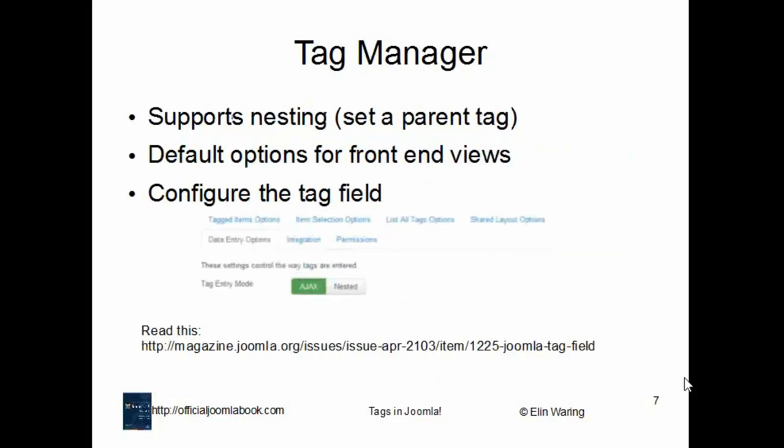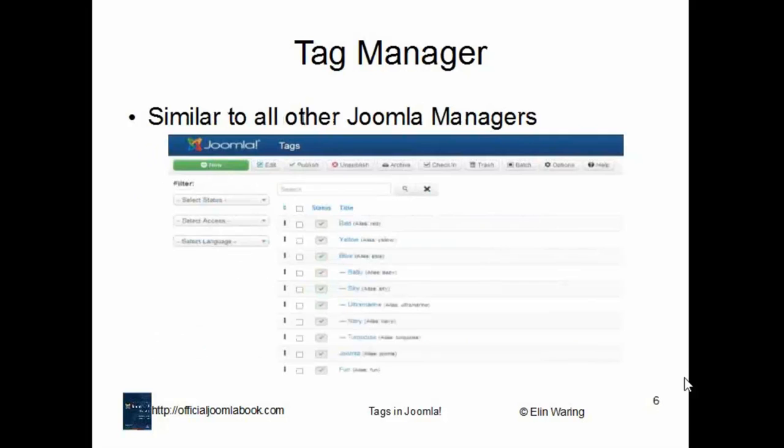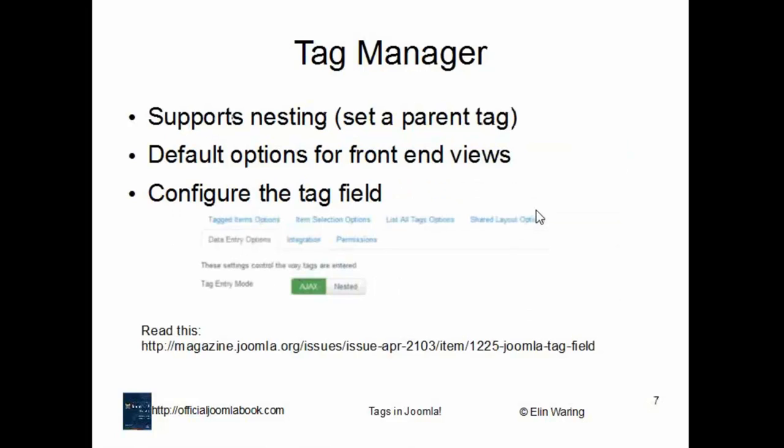One of the important things about the Tags Manager is that tags do support nesting. You could see that in the previous slide where baby was nested underneath blue, or ultramarine was nested underneath blue. This is unusual in tags.